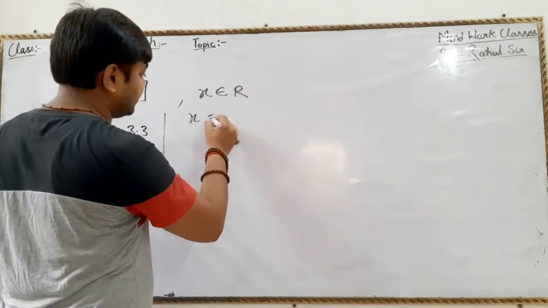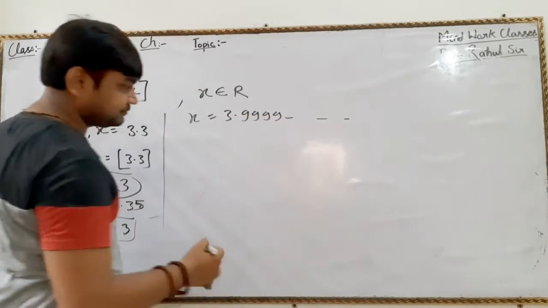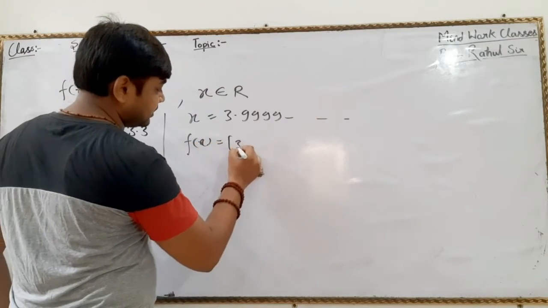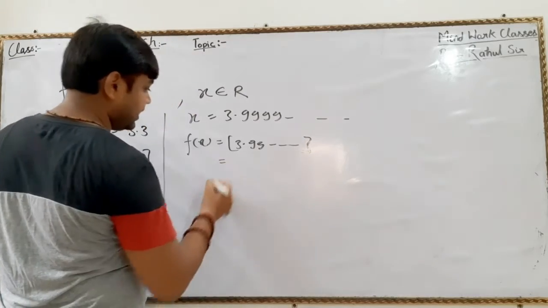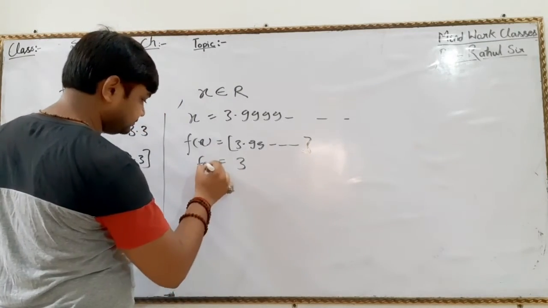Similarly, if x is 3.9999 and so on up to infinity, then f(x) will be equal to 3.